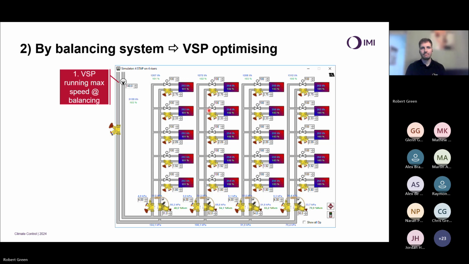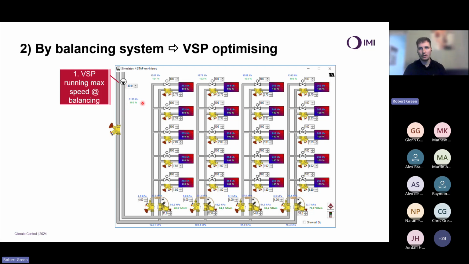In this example here, we've got a system again with 20 valves in it, 4 modules of 5 terminals each. And we have manually balanced the system and set it to achieve round about 100% in all areas. 103% of design.